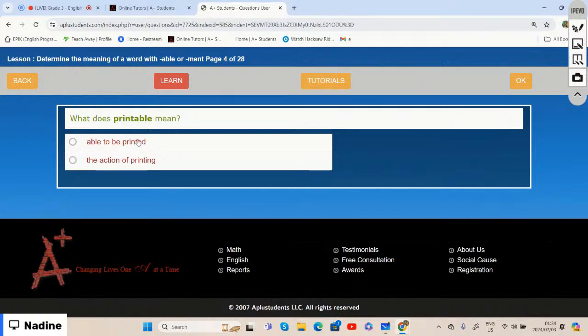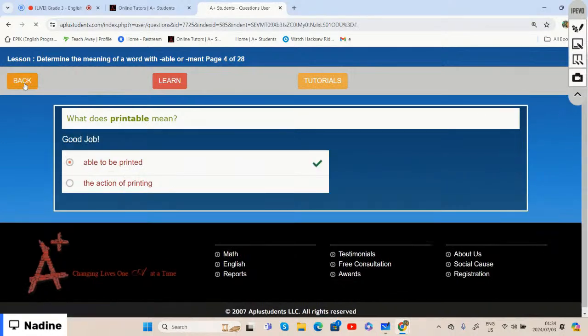All right, so printable then means option one, which is able to be printed. So well done. That is correct.